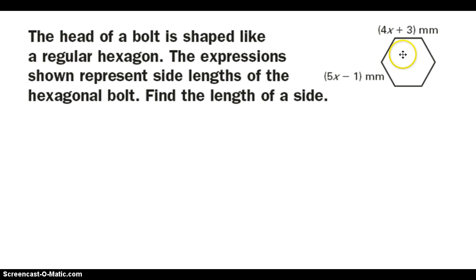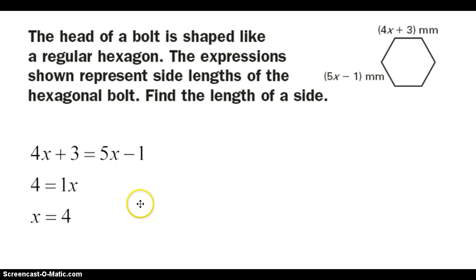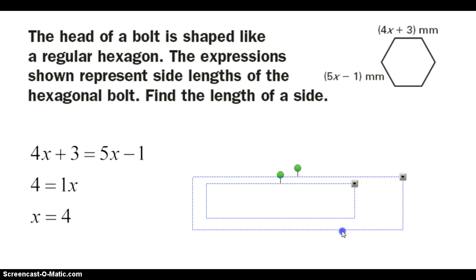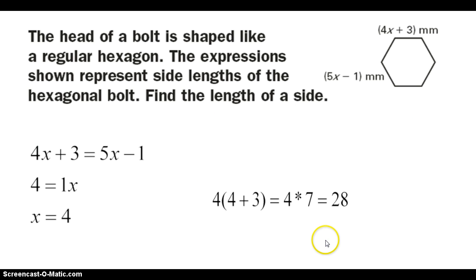So I know this side is represented by this and this side's represented by that. So I can set them equal. I find x. Please note you're not done in answering this question. So x is 4, and then I need to plug it back in to say that 4 times 4 plus 3 is 28. So a side of the bolt is 28 millimeters.